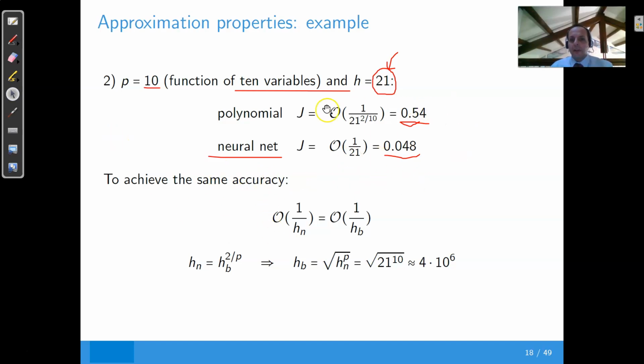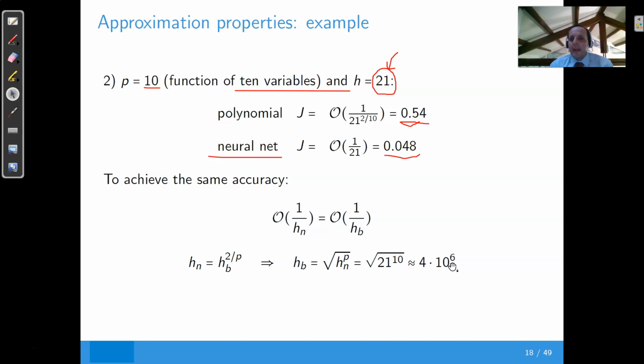And so this is a comparison if you consider the same structure. But if you want to obtain the same accuracy of a neural network with a polynomial approximation, so you can replace it, you can see that the number of parameters, or the h, in your polynomial, instead of 21, needs to be 4 multiplied by 10 up to 6.